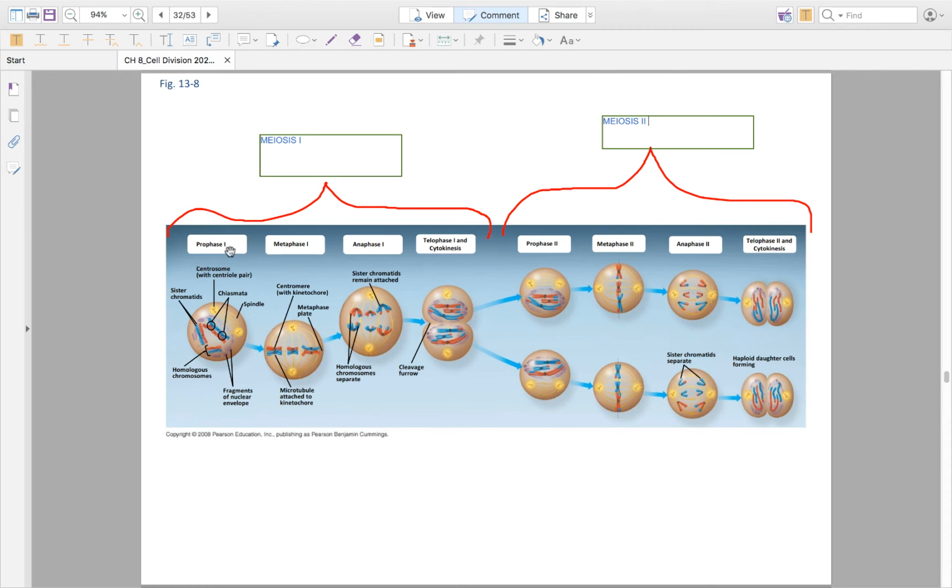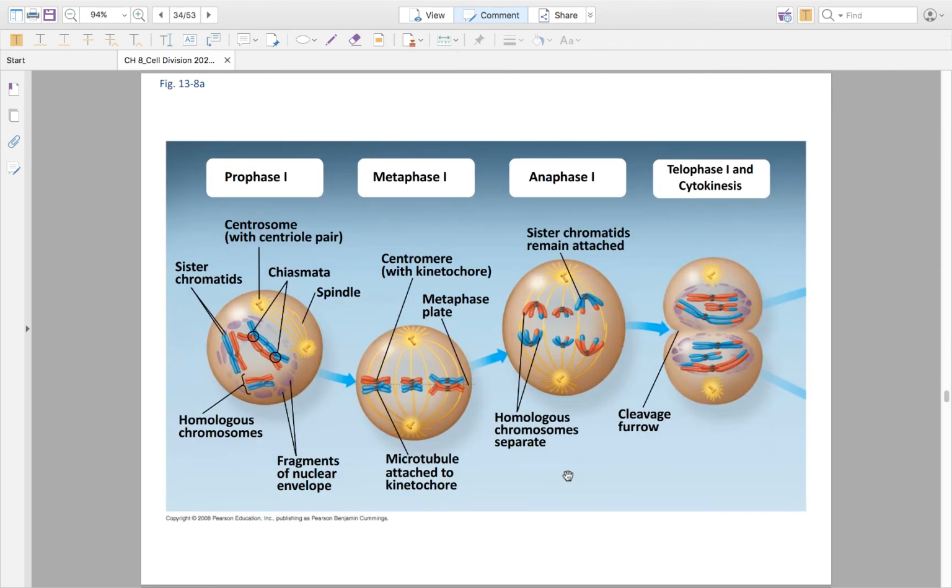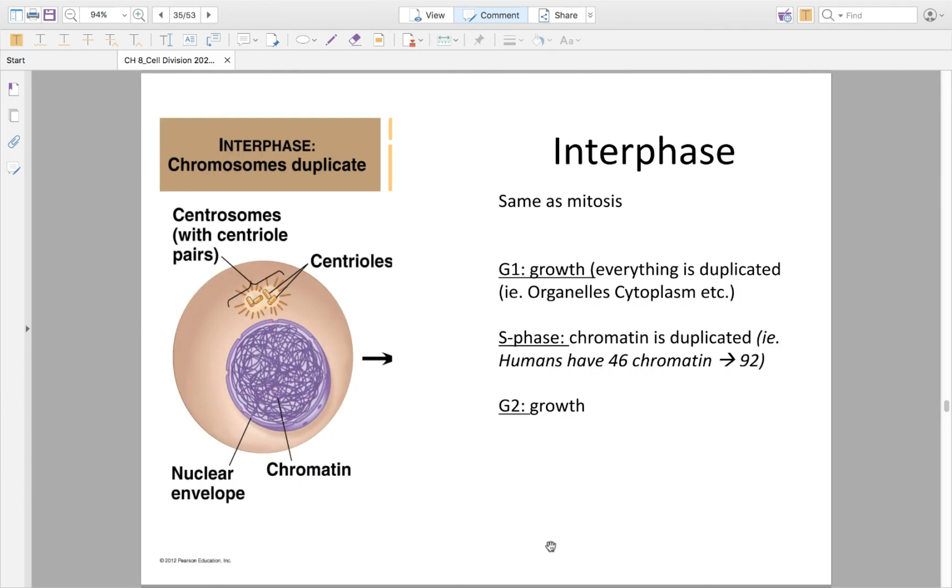So prophase 1, metaphase 1, anaphase 1, telophase, and cytokinesis 1. Then we're going to see prophase 2 happening to 2 cells simultaneously, metaphase 2, anaphase 2, telophase, and cytokinesis 2. So the terms are the same in regards to memorizing the stages, but of course there's 2 rounds of it. So we're going to look closely at meiosis 1 and 2, and then that'll be that.